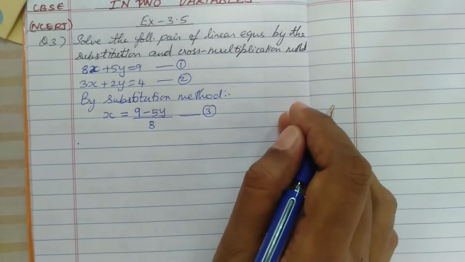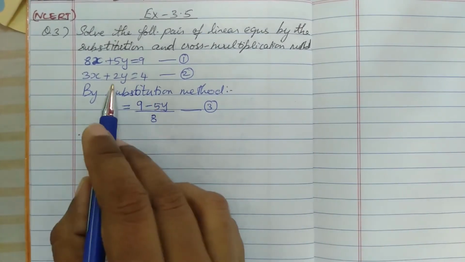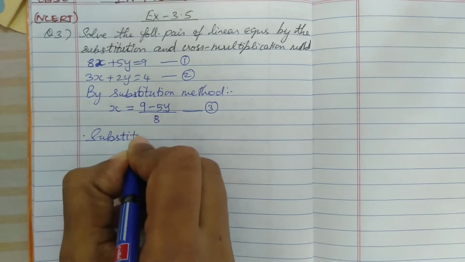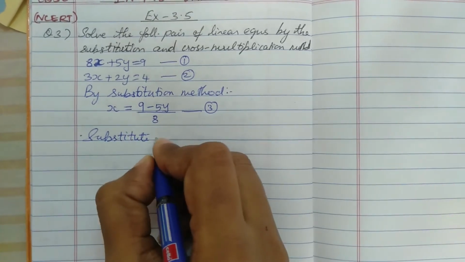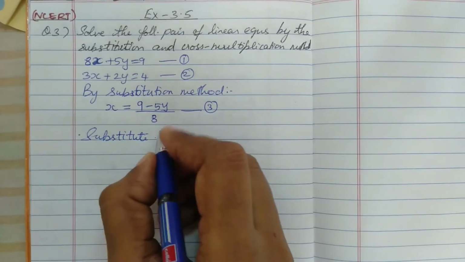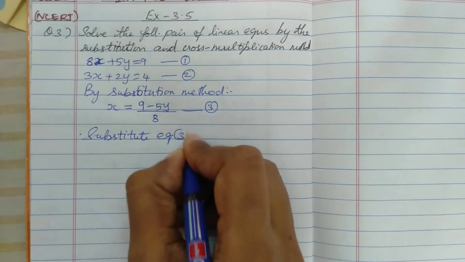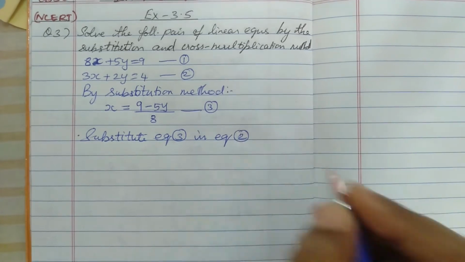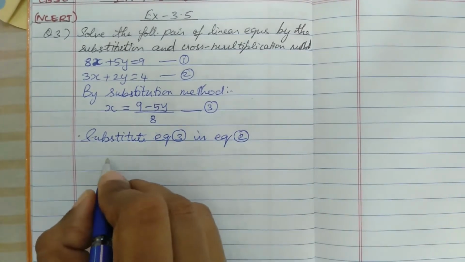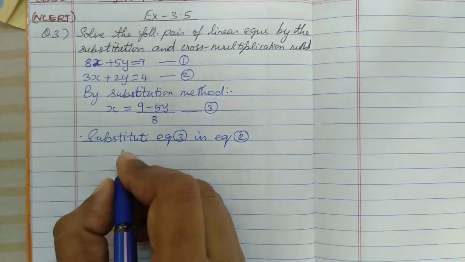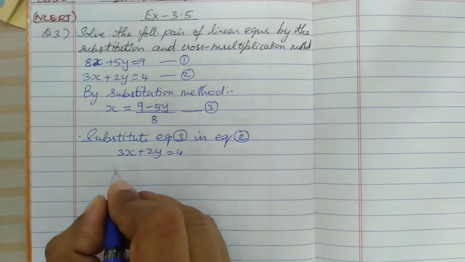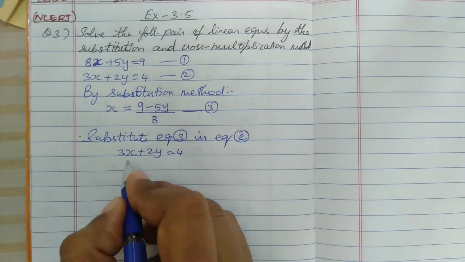Now you have to substitute this value in equation number 2. So substitute equation number 3 in equation number 2. Your equation number 2 is 3x plus 2y is equal to 4. Now we will replace the value of x here.